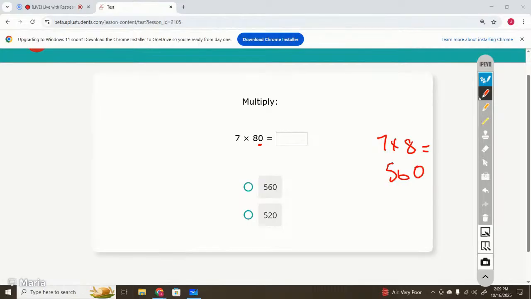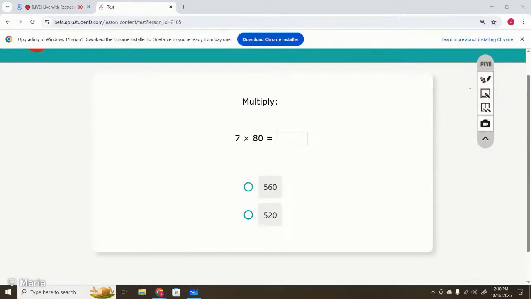So that is 560. The correct option is 560. Option number 1 is the correct option.